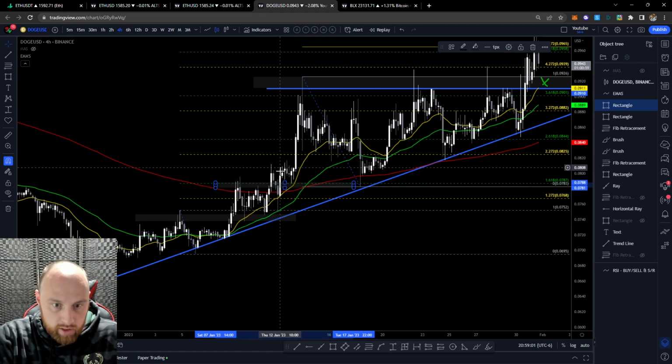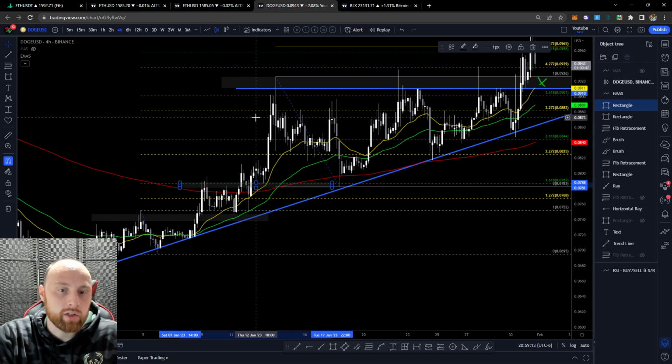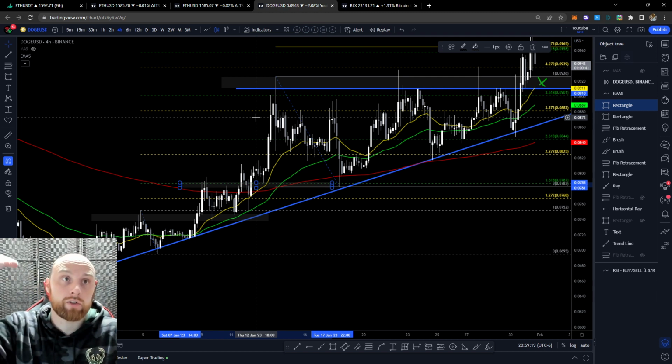So when we pushed up, we came back and we had this as an area to buy. And then we have our targets. And you're not always going to exit at the top. You're going to end up selling, and then it's going to go to the next level or 2. You just wait for the next trade setup.